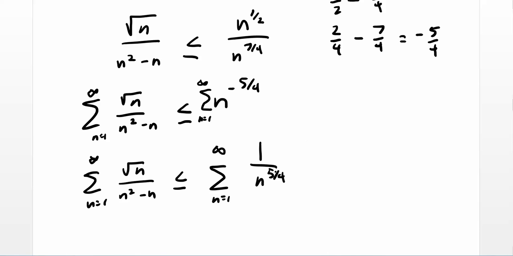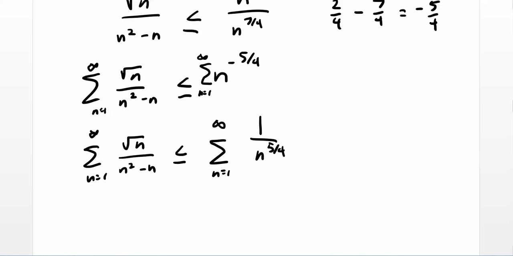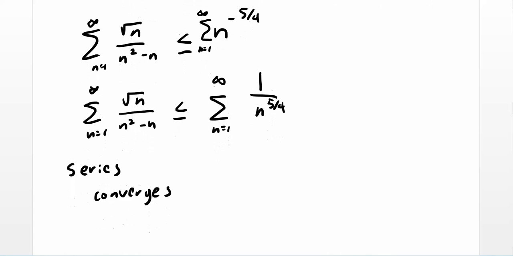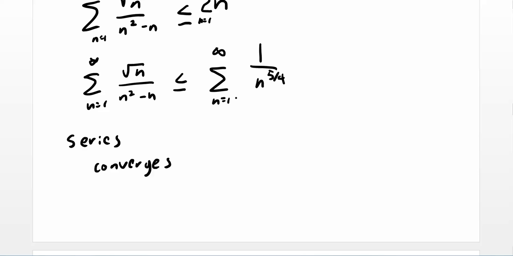And now this is a convergent p-series. We're less than a convergent p-series, so our series converges. So sometimes you get it wrong the first time, that's okay. Let's try something else. You'll get it eventually. I think that's all the examples we'll do for that.